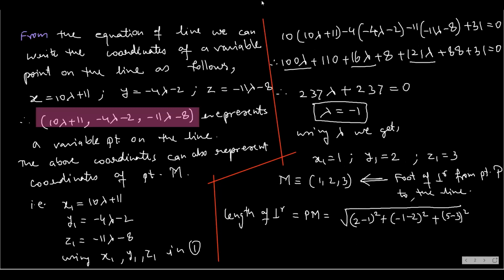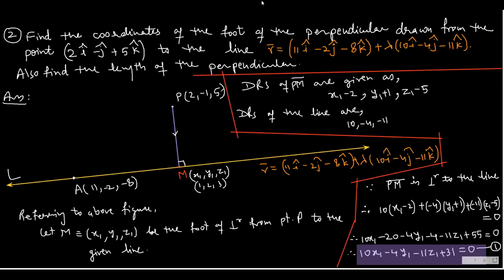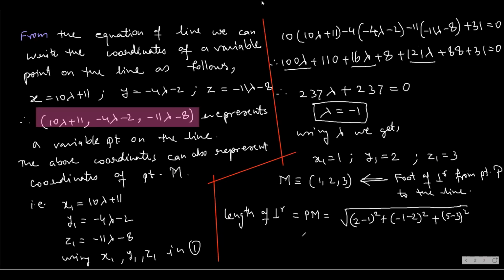Let us check. Correct. So how much is this? This is equal to square root of 1 square is 1 plus 9. Minus 3 square is 9. And then you have 2 square, that is 4. So how much is this? This is equal to square root of 14. We got the length of perpendicular, and that is your final answer.